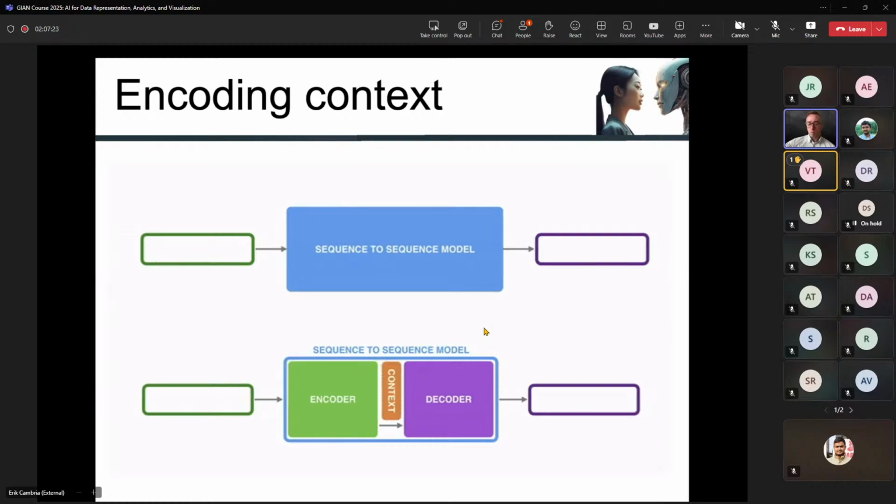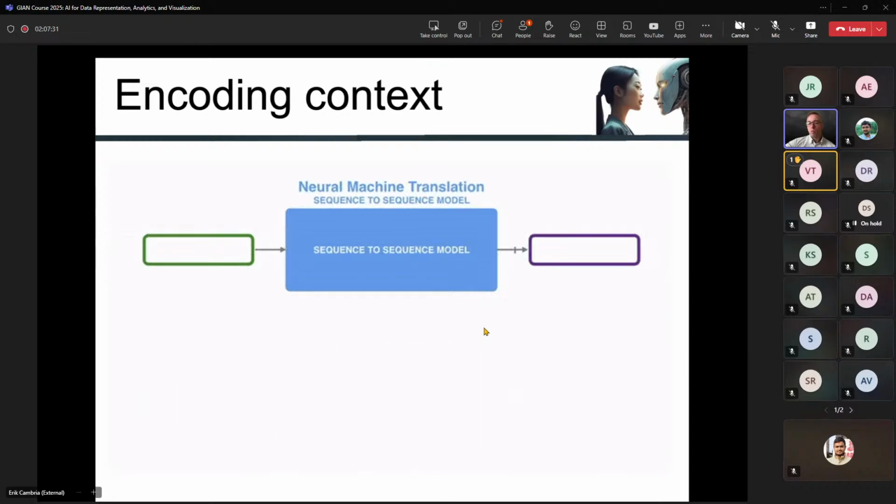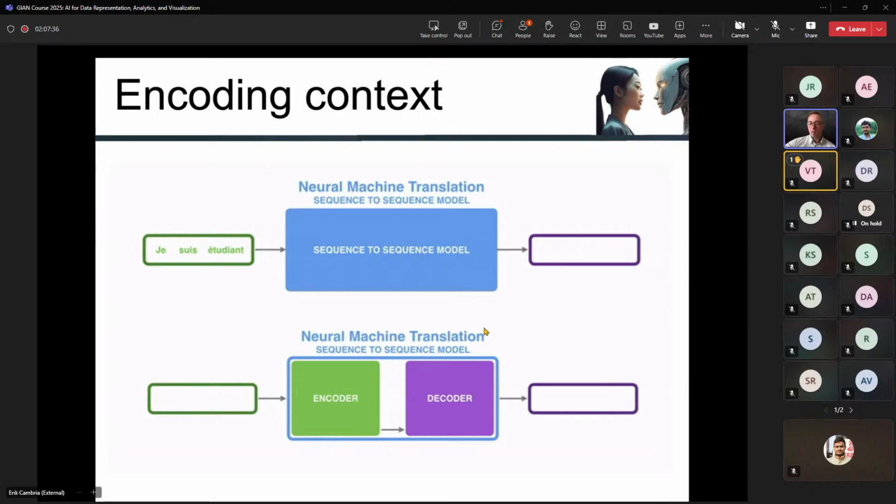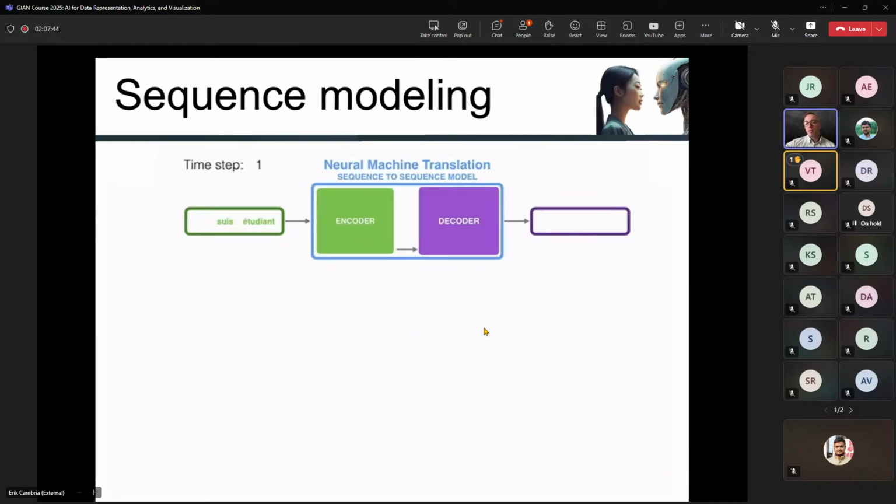So once again, I'm inserting into the encoder bit by bit, so in this case, word by word. And then what I'm doing inside the encoder is that I'm modeling the context once again. It's not like I'm just doing a translation word by word, but I look at it as I go through the sentence.